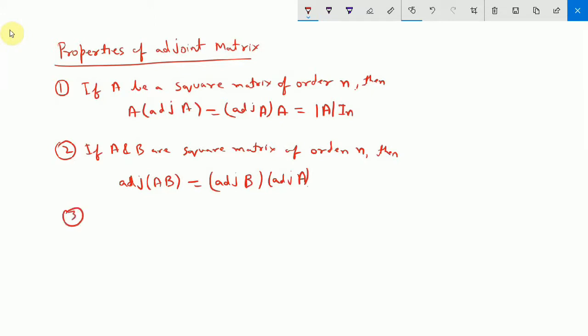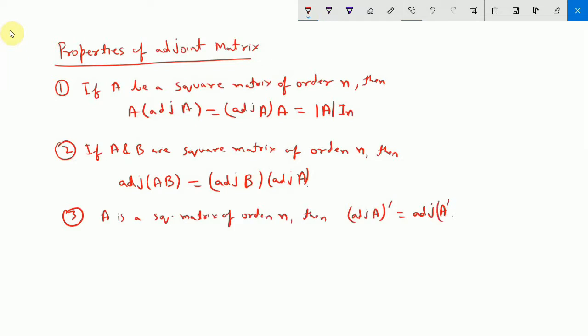Third property is, if A is a square matrix of order n, then the transpose of adjoint of A will be equal to the adjoint of A transpose.